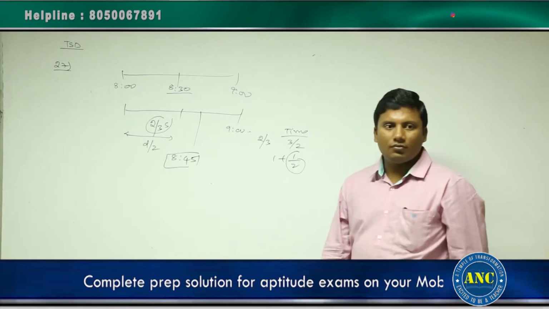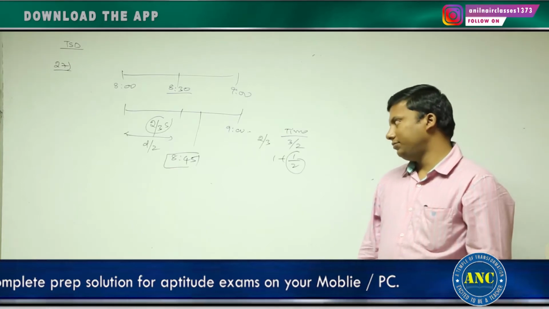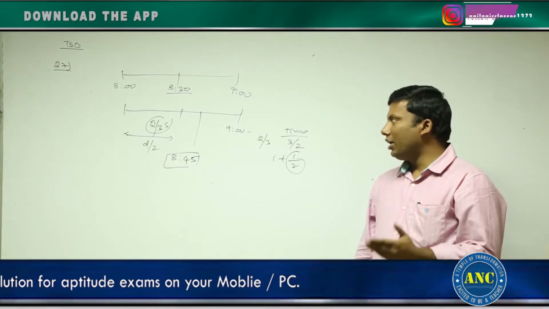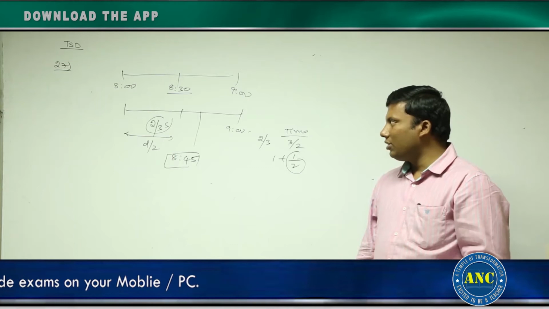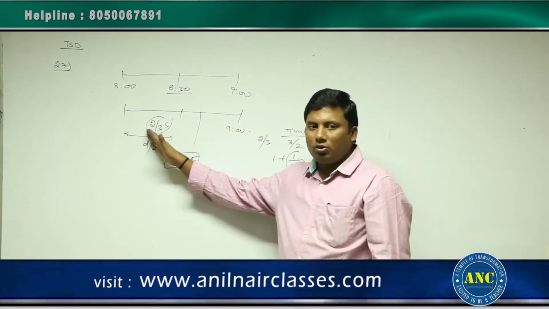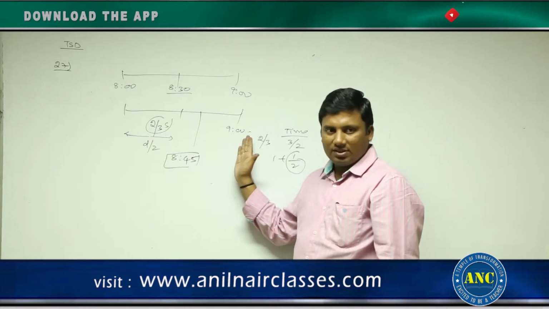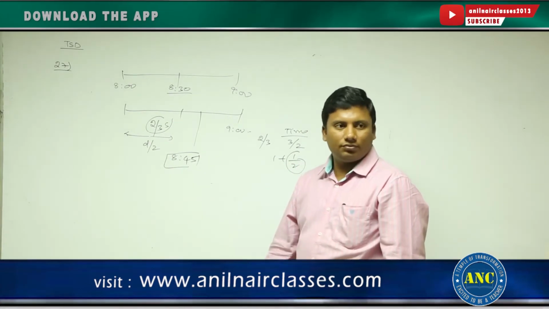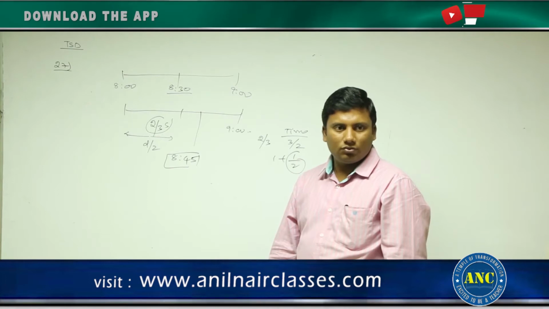This can be solved by alligation. You take the lowest value, remaining as 2/3. This is 2/3, this is x, and this is 1/2. But then the answer is not right.